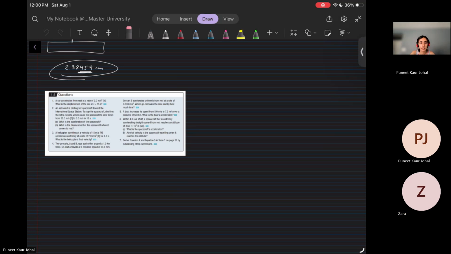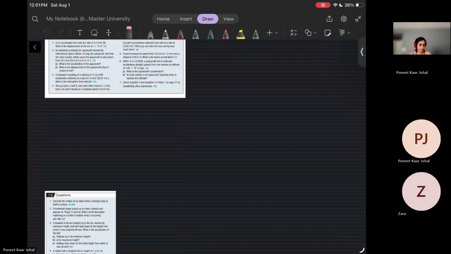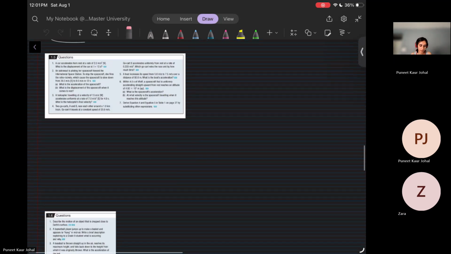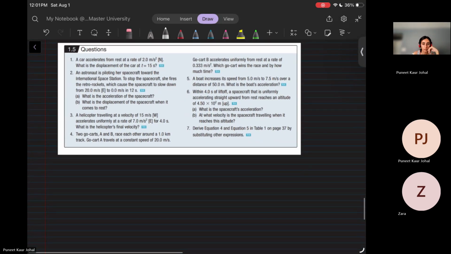1.6 is all about acceleration due to gravity, so vertical motion. Those are 1.6 questions, and this is 1.5. I will do one question from 1.5 and then one question from 1.6 and then we'll end. Good?